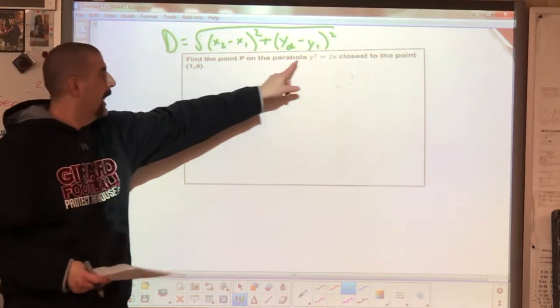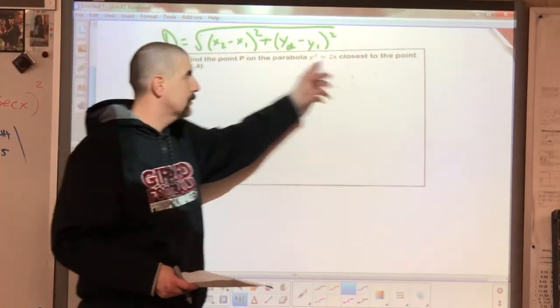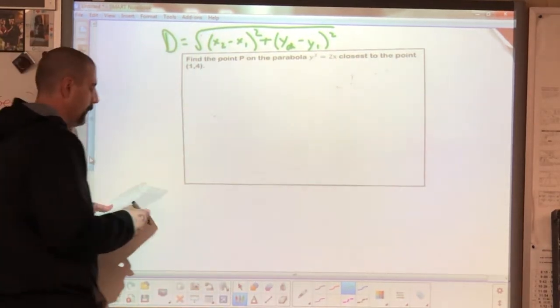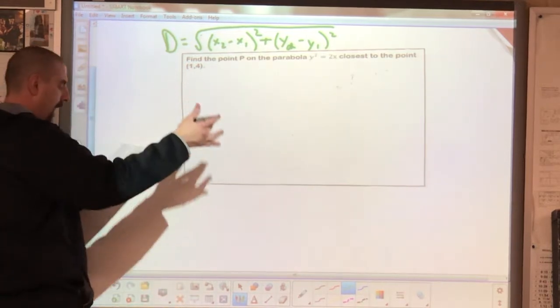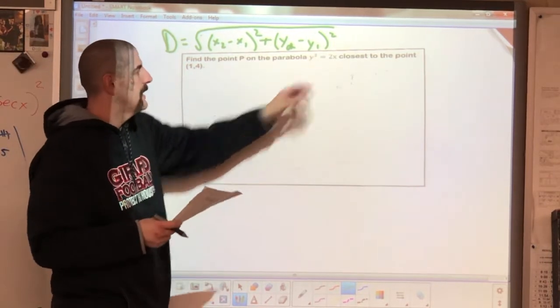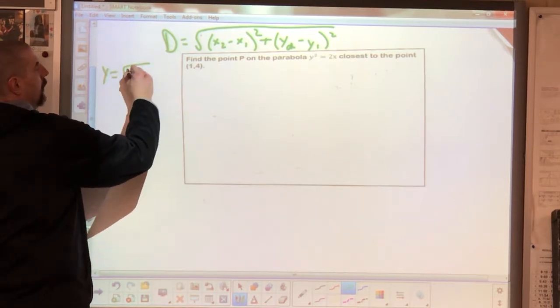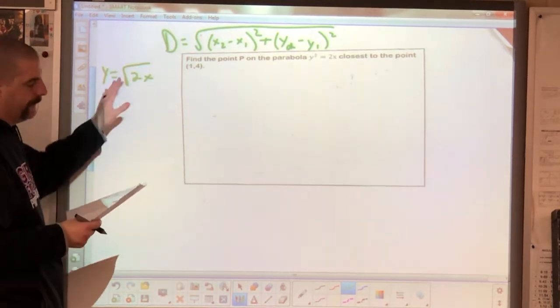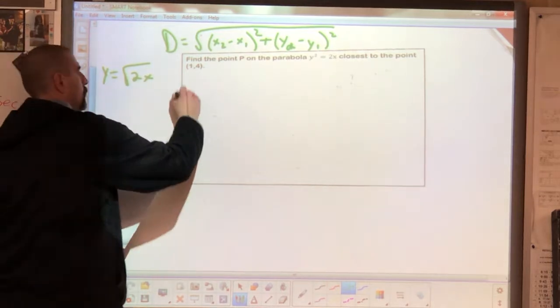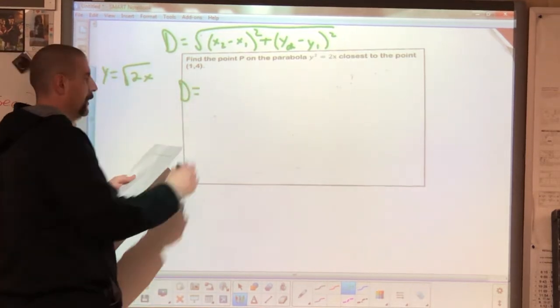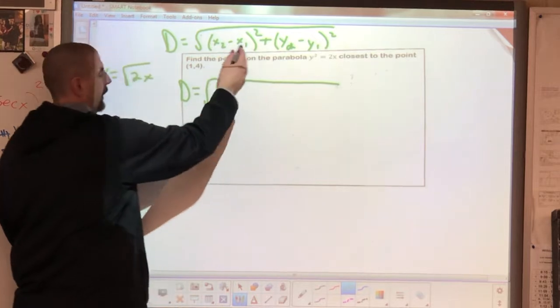Again, how do I know? Because we're talking about closest, so we're talking about distance. So, if I solve for y here, and I leave it as y equals, you're going to get y equals the square root of 2x. Then, when I do my distance formula, I'm going to go ahead and plug in my values.